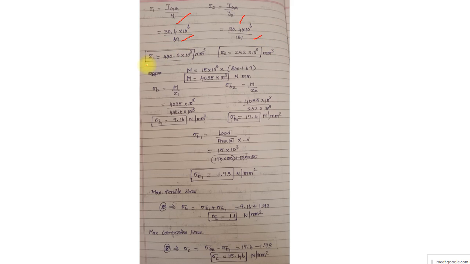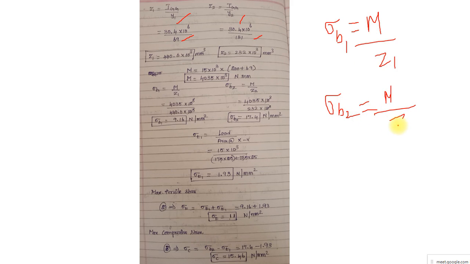If I substitute, I can directly find Z1 and Z2. So if I know Z1 and Z2, what is the formula for sigma B? Sigma B is nothing but M divided by Z1. This is the formula for sigma B1. So sigma B2 is equal to M divided by Z2, because I am having a separate section modulus for cross section 1 and cross section 2.